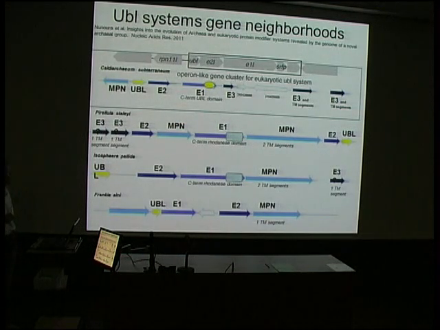Namely, this genome encodes the prototype of the entire ubiquitin system, with the ubiquitin-like protein, the E2 ubiquitin-like subunit, the E1 ubiquitin-like subunit, and the RING finger, the E3 ubiquitin-like subunit.